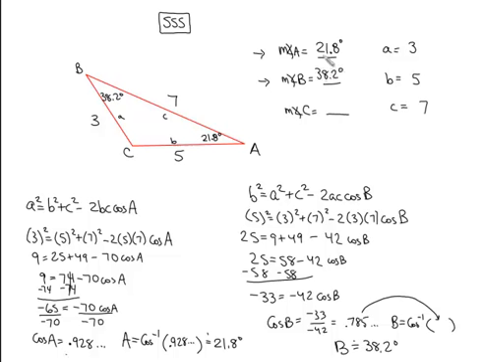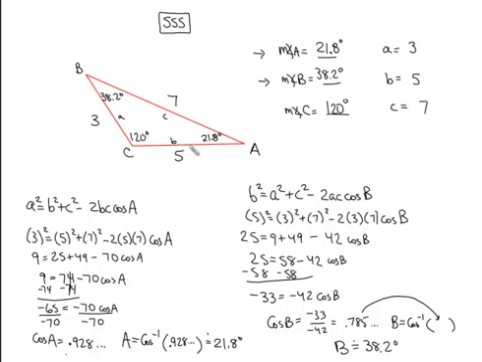And now I can just add these together, 20 and 30, 50, 9, 60. Those add up to 60 degrees. Subtract from 180, leaves me 120 degrees for my final angle.